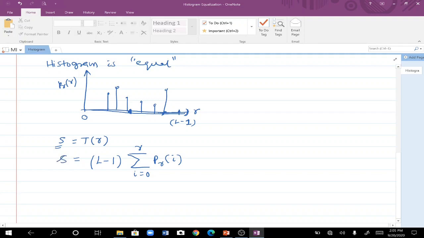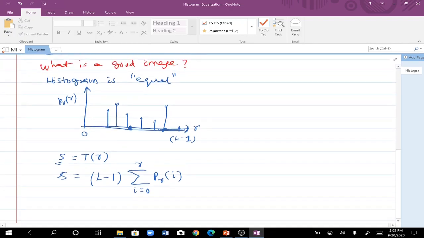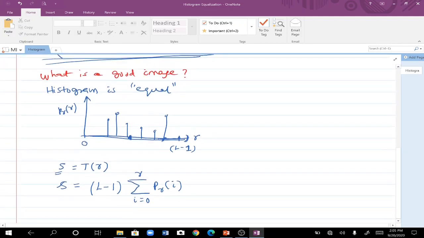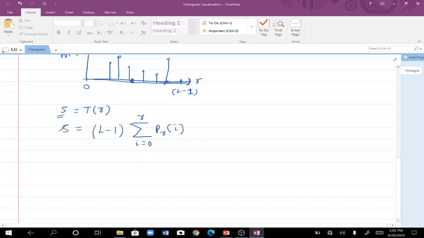Okay, so I hope it is clear to you from this definition why we are expecting this function to give us, in theory, an equal histogram. However, you could notice that the s values you would get with this transformation will not be integer values all the time.